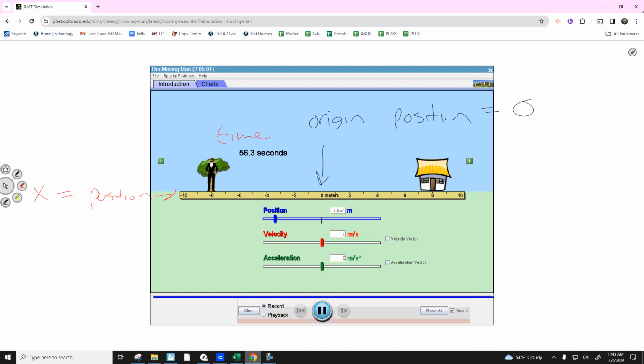Am I moving towards or away the origin right now? Towards. What you have to find to answer this question is your location and how that location is changing. Find your position and find your rate of change of position. Find your position and your velocity at this time.